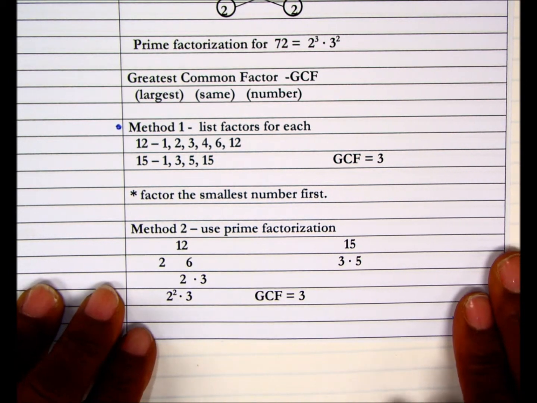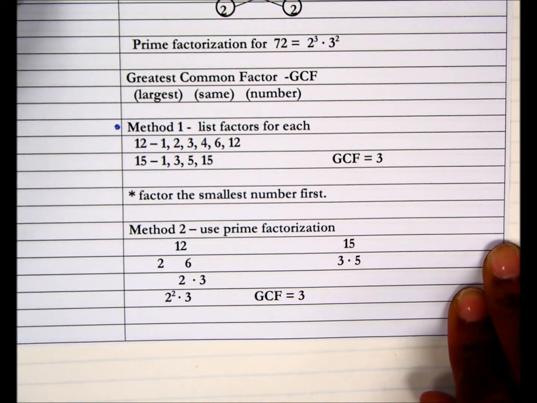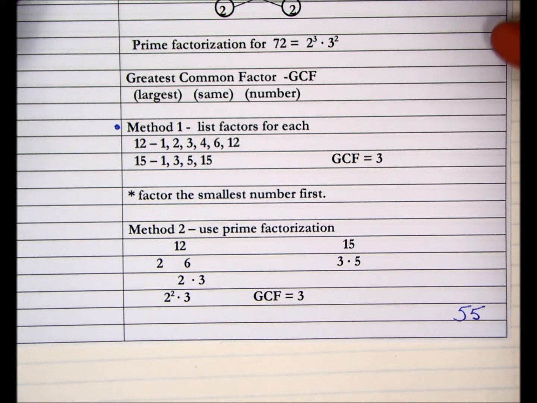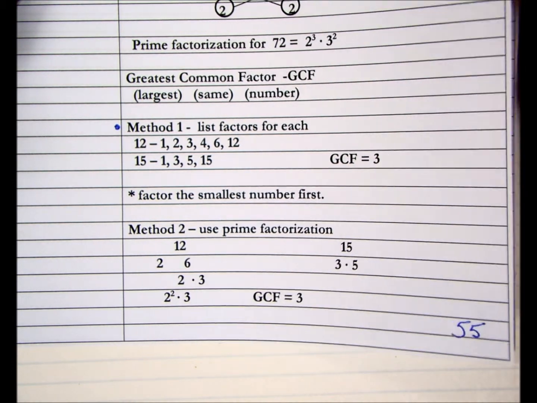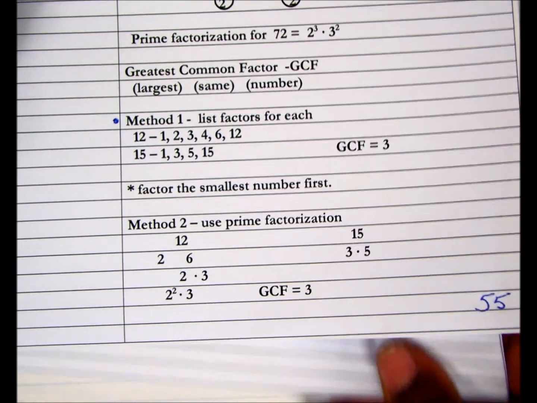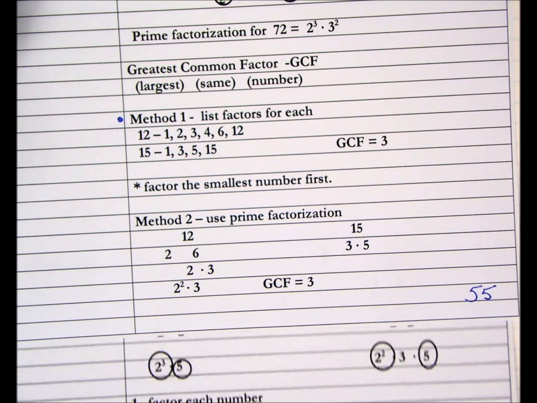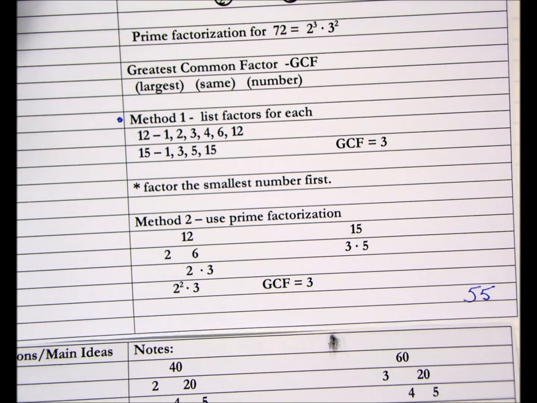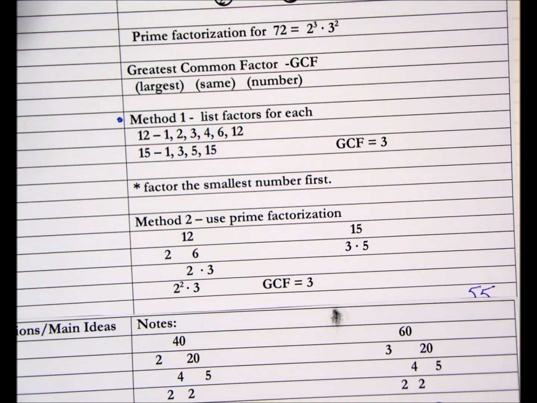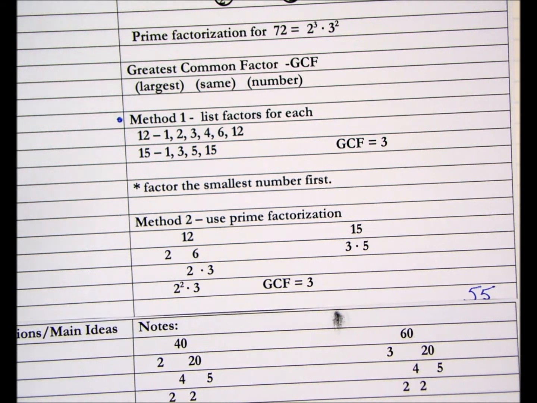And it's very important in fractions to be able to find the greatest common factor. And so the greatest means the largest, common means same, and a factor is a number that you can multiply times something to get another number. So the greatest number that you can find that they share.